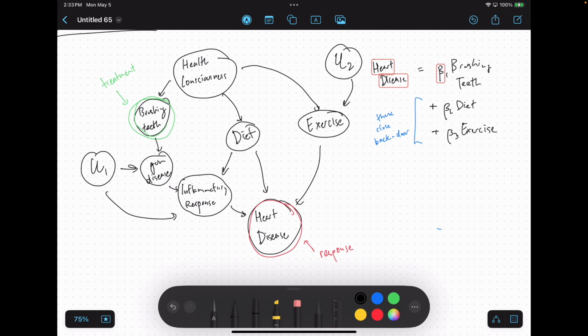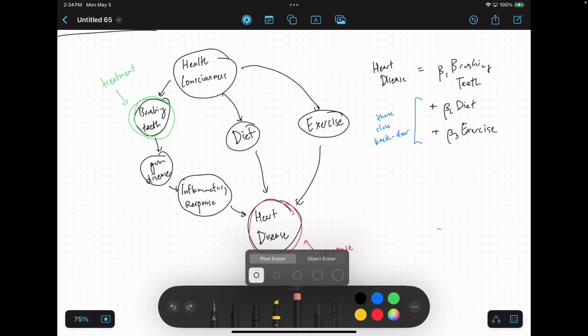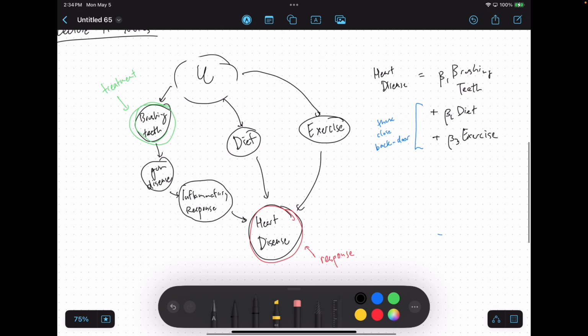And so even if I get rid of all this stuff, the idea that you could go from your treatment to an outcome and cut off all of the possible backdoor paths, what I think we call backdoor adjustment, which is cutting all the backdoor paths off, is pretty unrealistic, right?